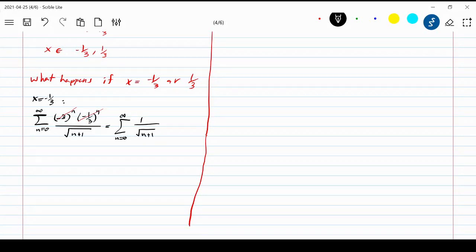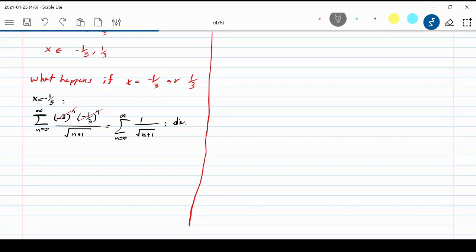That is simply divergent. Why is that? Because you can compare it using the comparison test. If you remember, the denominator should have a degree of at least 2.